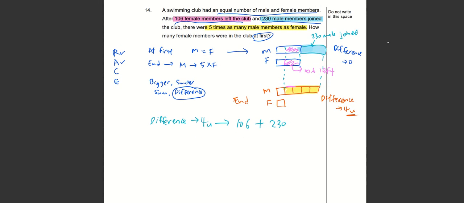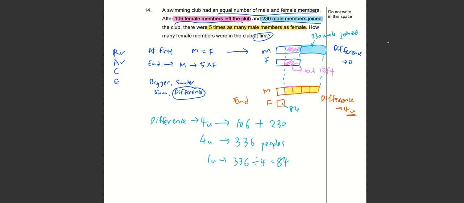In other words, 4 units will be equivalent to 336 members. So 1 unit will be 336 divided by 4. That will give me 84 members. So this is now 84.